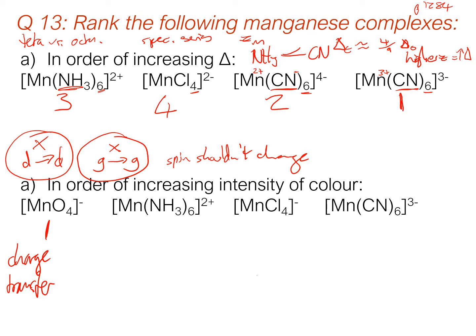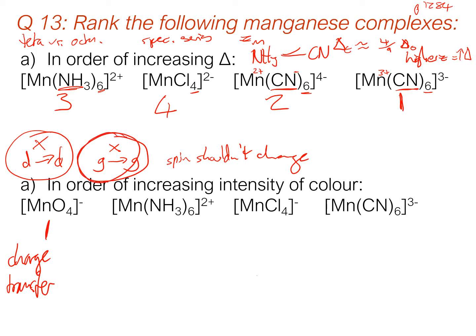Whereas in tetrahedral complexes we're going from E orbital to a T2, there's none of these symmetry symbols such as G, therefore it's an allowed transition. So tetrahedral compounds are more intensely coloured than octahedral compounds because they satisfy this symmetry selection rule.